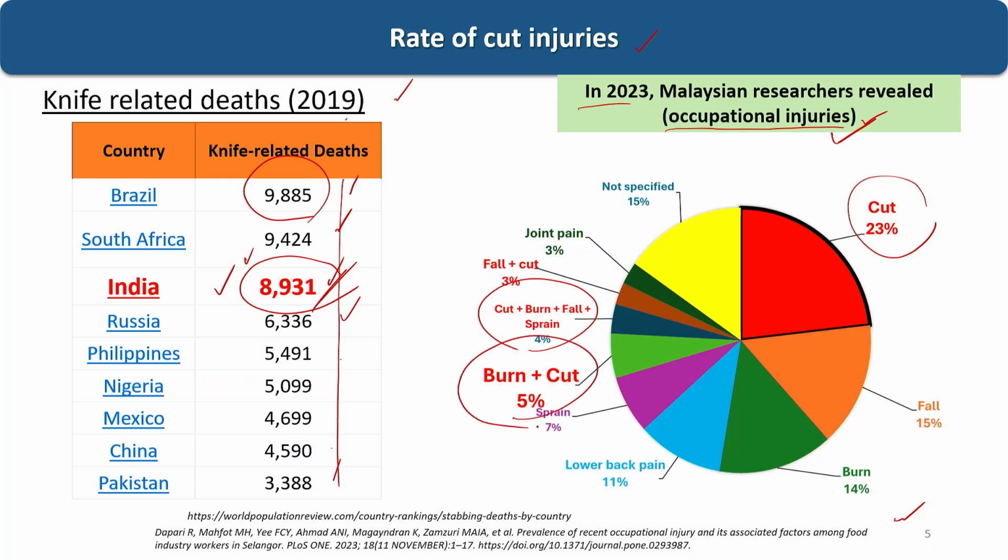If you add them together, you will see worldwide most of the injuries are related to cuts. So cut protective textiles are definitely going to grow, to protect ourselves.